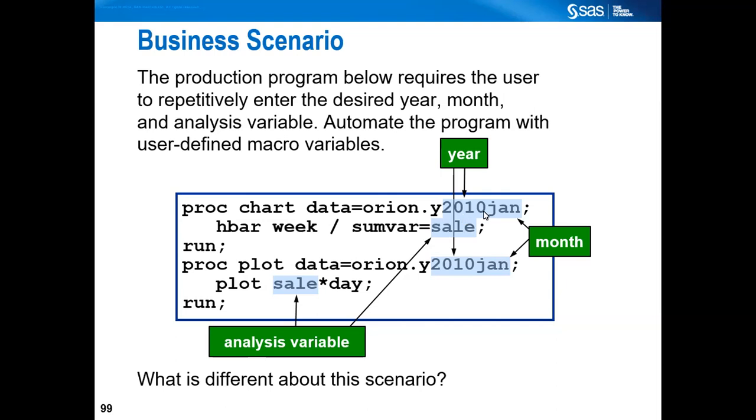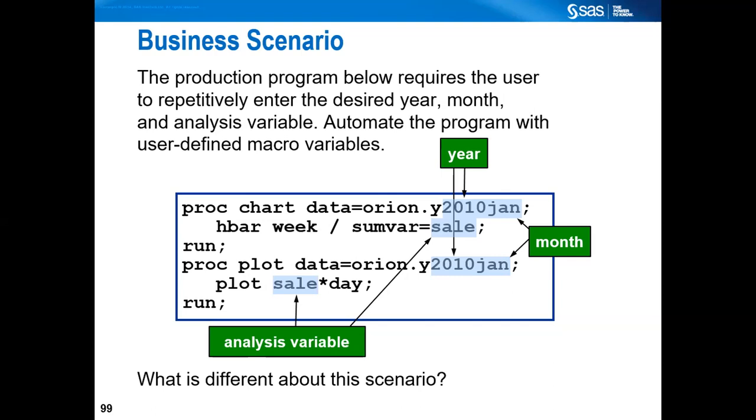Instead of writing this repeatedly, we can create a macro variable where the value, like 2011, can change depending on your business scenario. Now say you want to generate a report for the year 2011 and the month is September. Are you again going to go to your code and do manual changes? No. You are going to create a macro variable for this frequently changing dataset name. So we need to automate the program in this area.